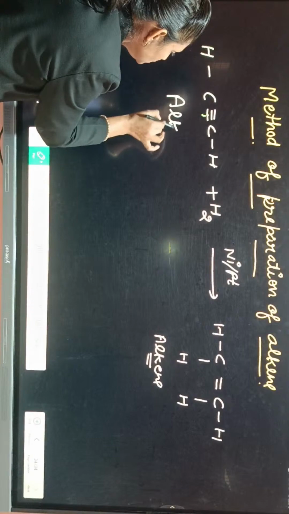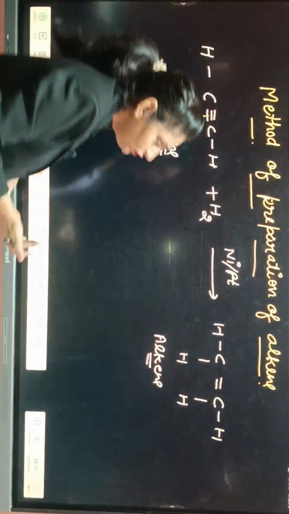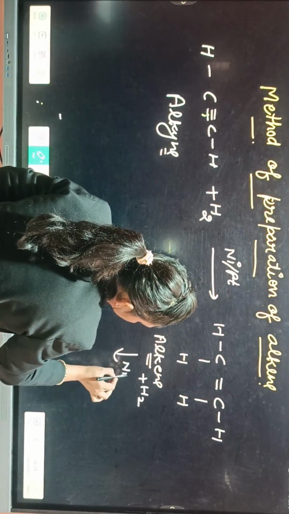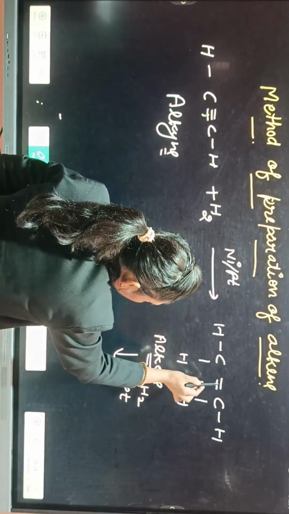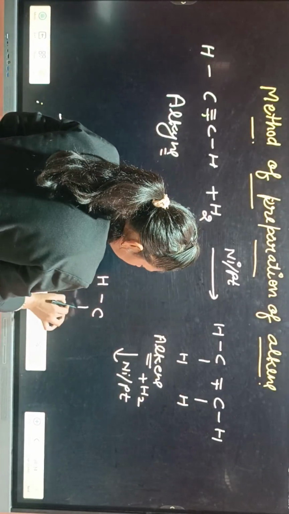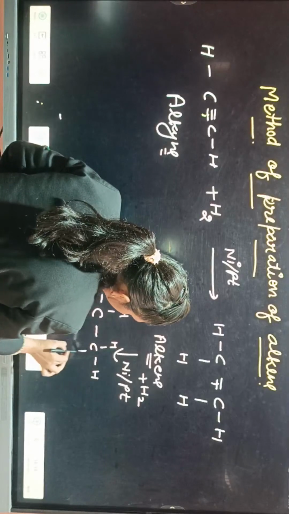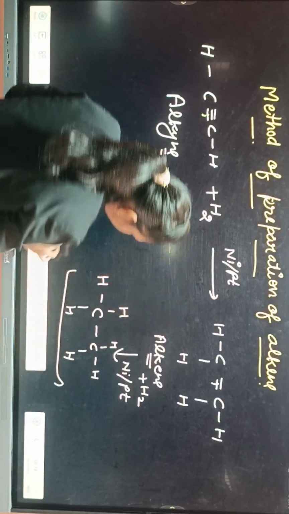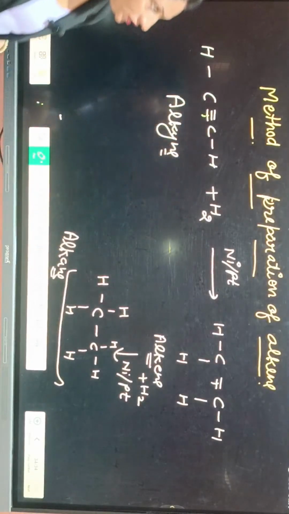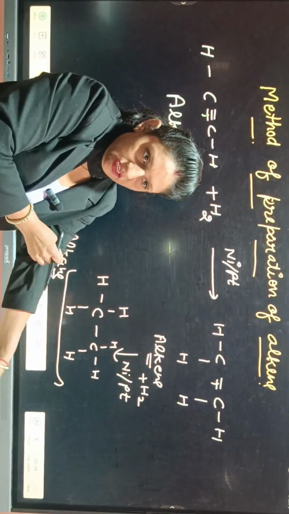So from hydrogenation of alkyne we get alkene, and if we do further hydrogenation, one more bond can break and we get alkane. This method we have already discussed.